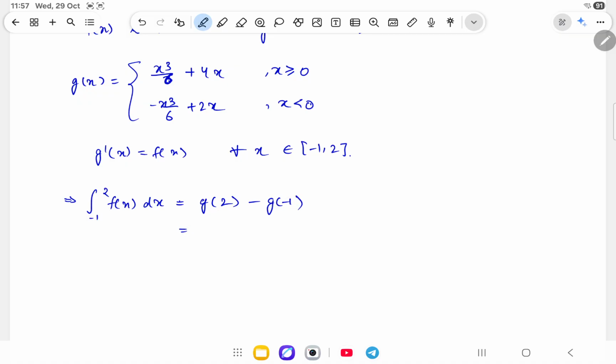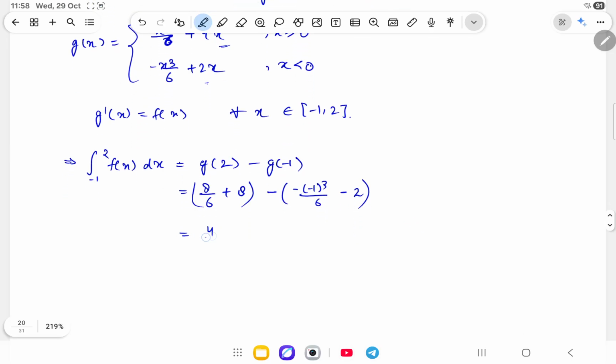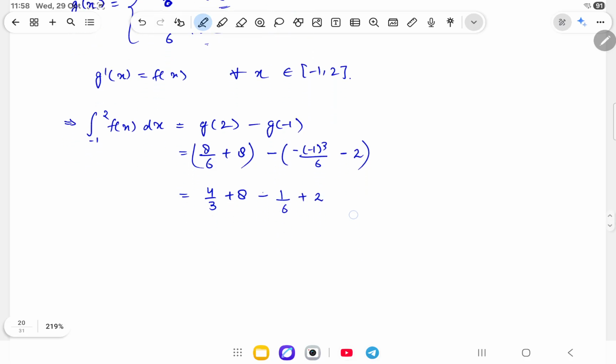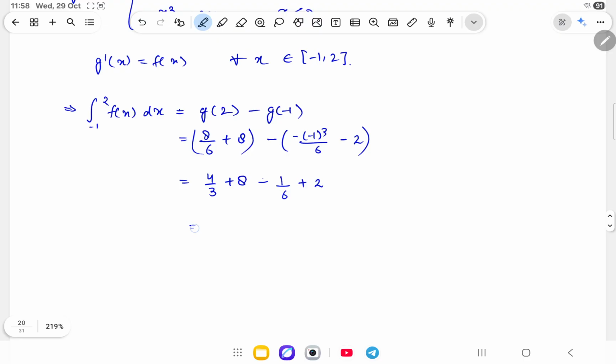Now since 2 is greater than 0, we'll use this part, so it will be 2 cubed by 6, that is 8 by 6, plus 4 times 2, that is 8, minus g of minus 1, and minus 1 is less than 0, so we'll use this part, so it will be minus of minus 1 cubed by 6 minus 2, and this simplifies to 4 by 3 plus 8 minus 1 by 6 plus 2, and that is equal to 7 by 6 plus 10, that is 67 by 6.